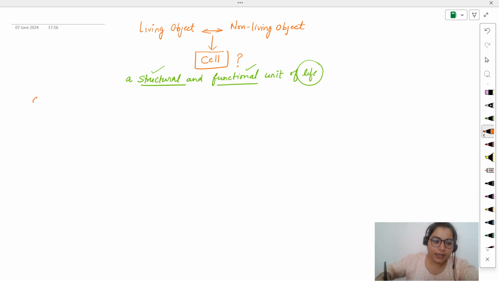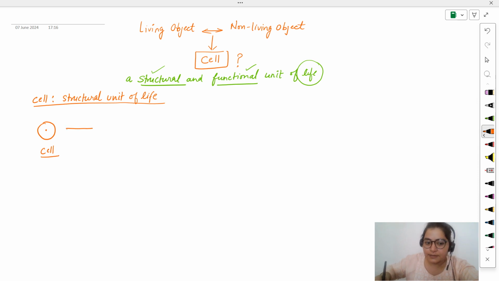Cell as a structural unit of life. How is it a structural unit? So let's start with the cell. This is the cell, a single cell right now.